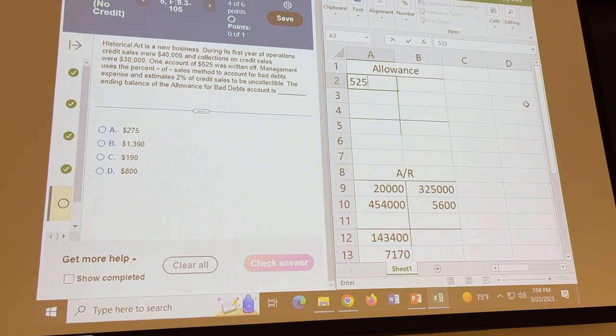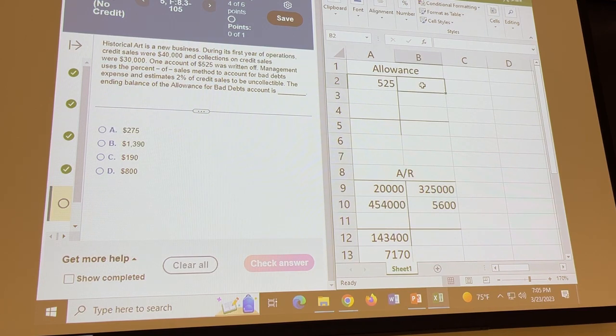And then when we make an adjusting journal entry at the end of the period, 2% of their credit sales, 2% of 40,000 would be $800. So then when we make that adjusting journal entry, we would be debiting bad debt expense $800.